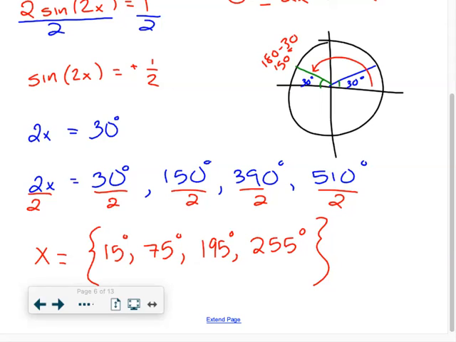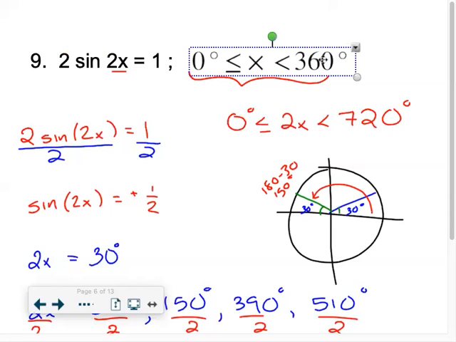Again, we attempted to use the double angle identity for sine. We ran into a roadblock, and then we had to resort back to solving a trig equation where the angular frequency is any value larger than 1. Just remember that you have to increase your interval here, modify it at first.